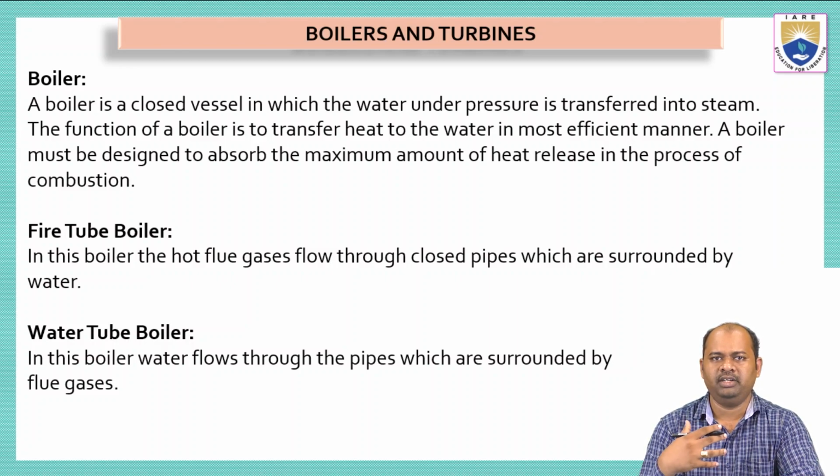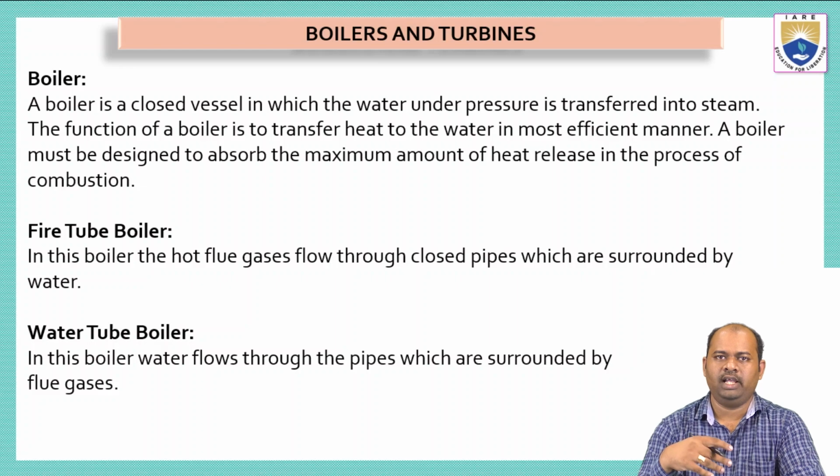Whenever the hot gases are flowing through the pipes, generally these pipes are made of metal, mostly iron or steel. So they can conduct heat from the hot gases flowing through the pipe, and this heat will be supplied to the water surrounding the pipes.